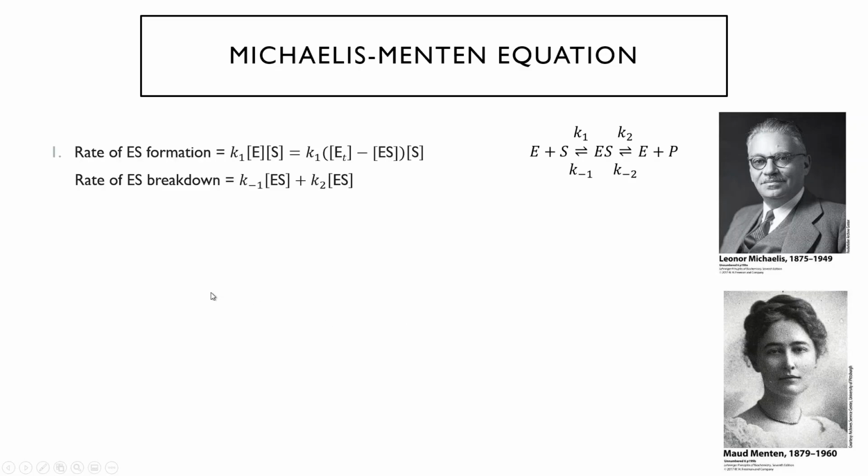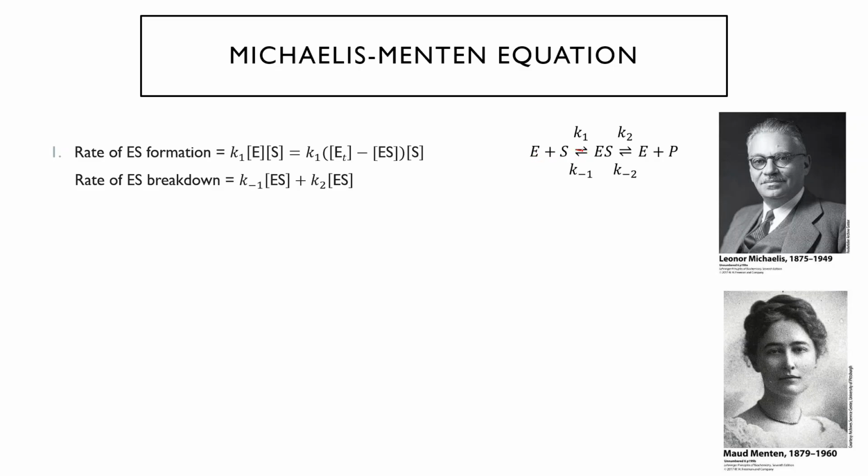First, if all we care about is the enzyme substrate concentration, which is the assumption we're making for V0 here, then we just need to worry about how that complex is formed and how it is broken down. There are two ways it can be formed. One is the enzyme substrate complex forming from the free enzyme and the free substrate.